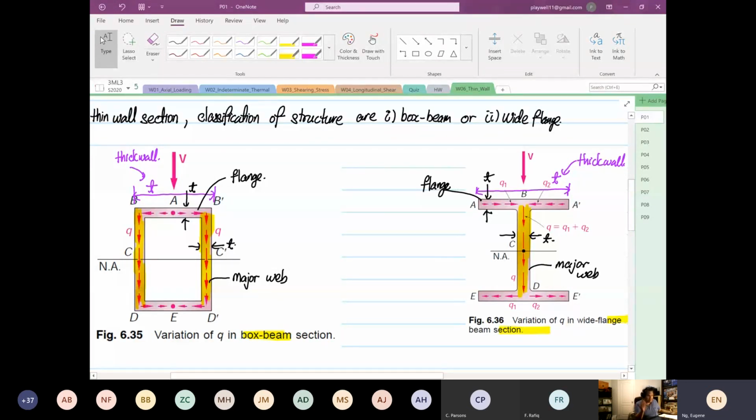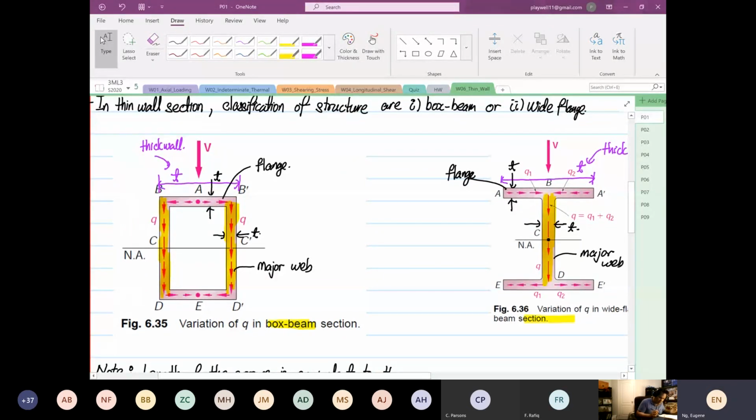The next thing that I want you to look at is the box beam. For the box beam, point A is your start. Point E is where all the arrows will end up.